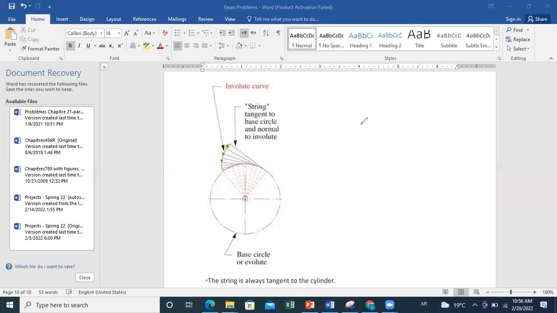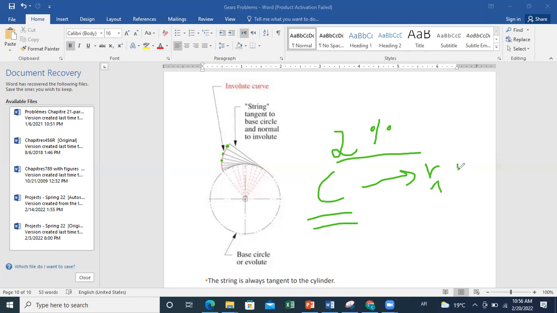This is why here they told us that the distance between centers is increased by 2%. We have already the previous distance, so we can find the new one. Therefore, the pitch radii will vary by the same amount, because the distance between centers is the summation of the pitch radii of the pinion and of the gear.